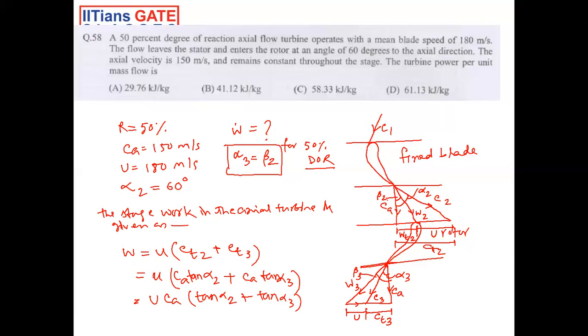this WT2 is the tangential part of the relative velocity. This can be written as CT2, which is this entire part, minus U. So WT2 can be written as CT2 minus U, and CT2 is nothing but CA tan alpha 2.